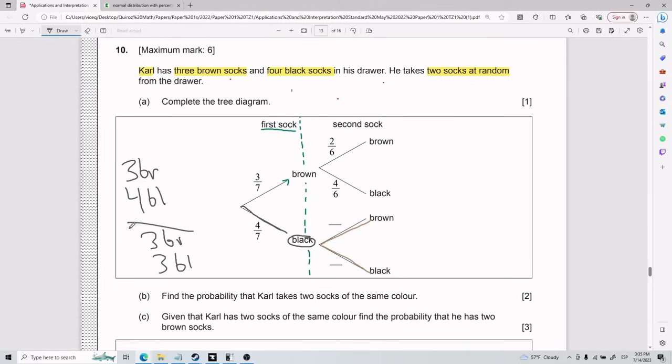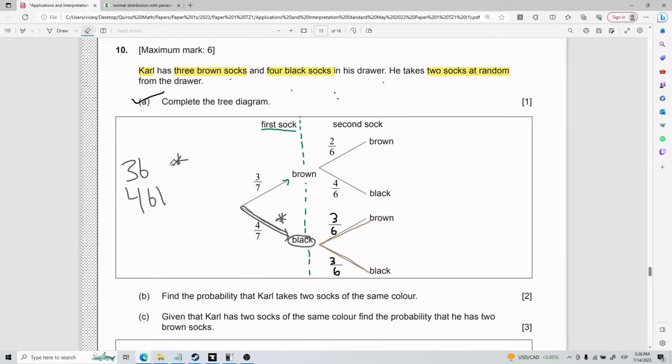So after this first step, that means that down here for black, I'm going to have 3 out of 6, and for brown, I will also have 3 out of 6. And there, that is part A. I completed the tree diagram.